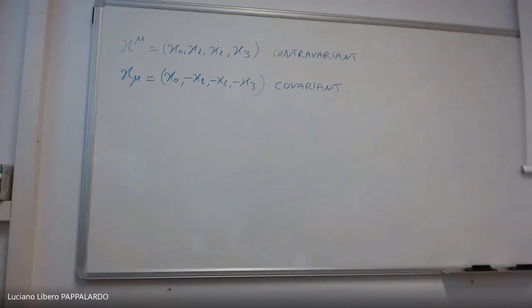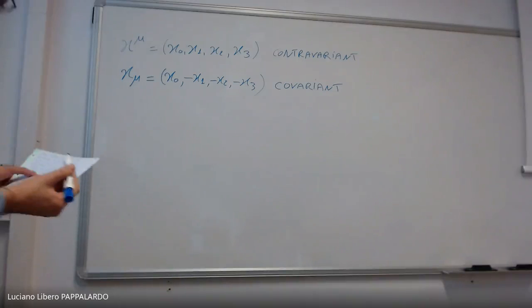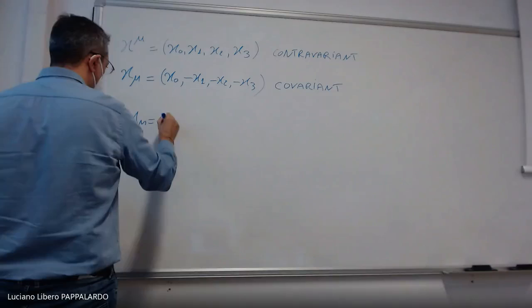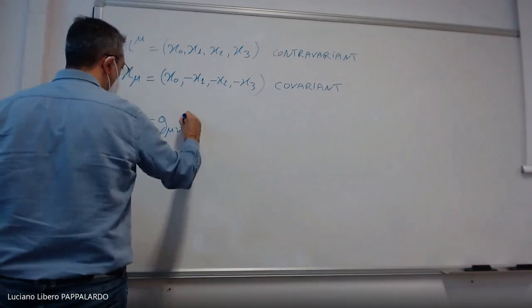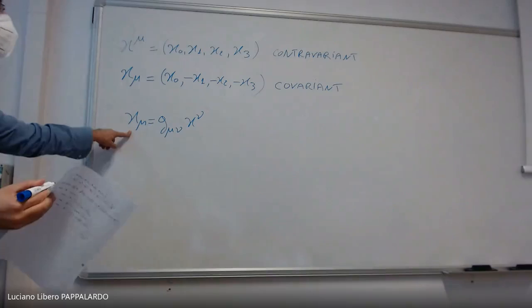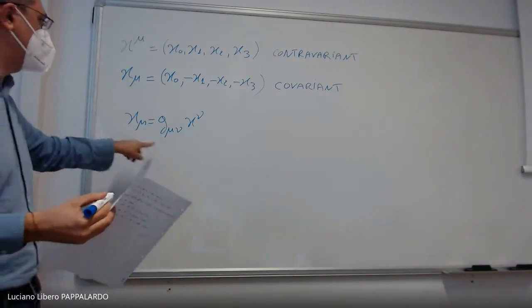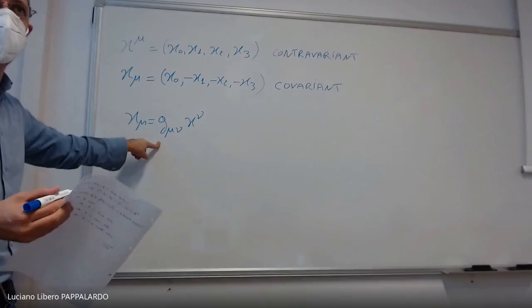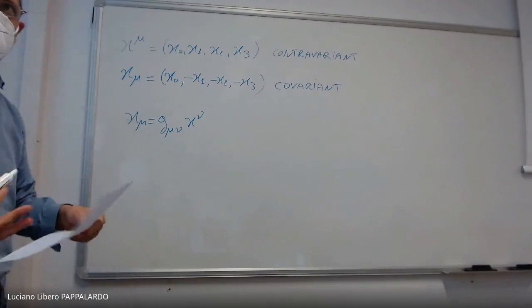And of course, the two are linked to each other through this simple relation. So x mu is equal to g mu nu x nu. So we have here the covariant related to the contravariant through some object that is the metric tensor of relativity.